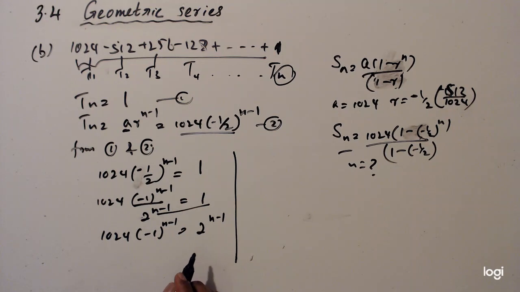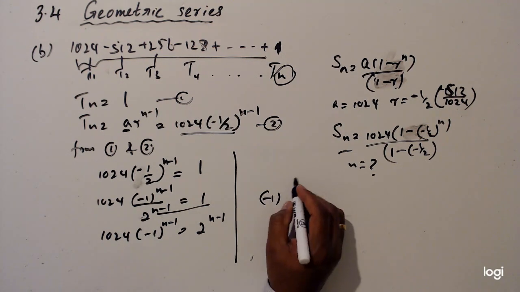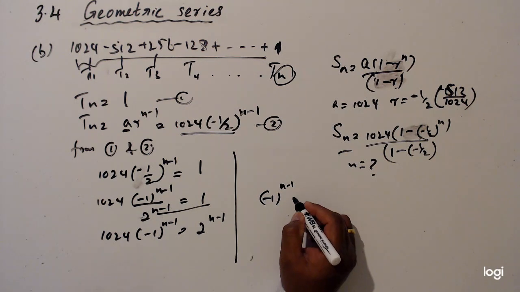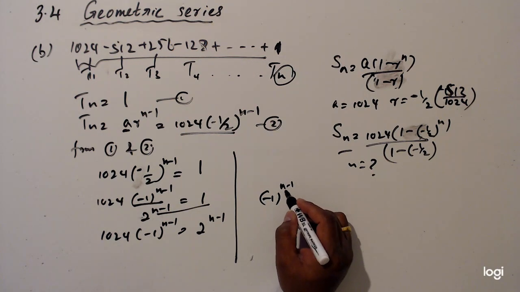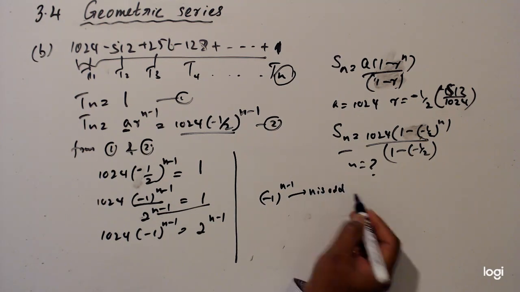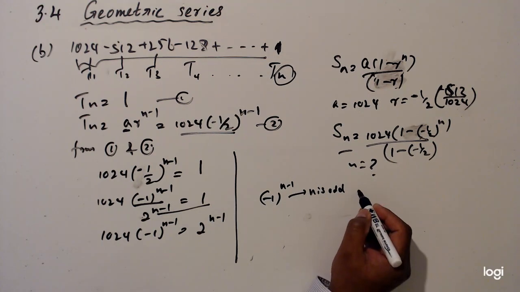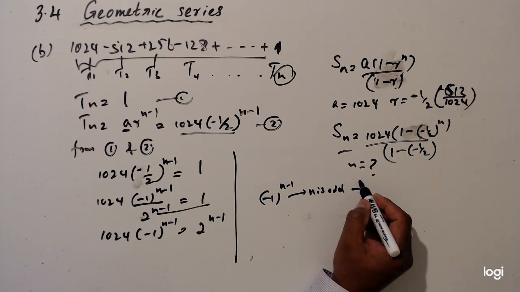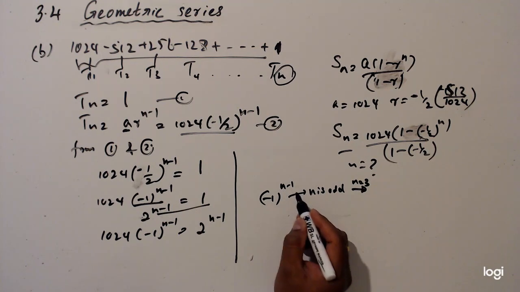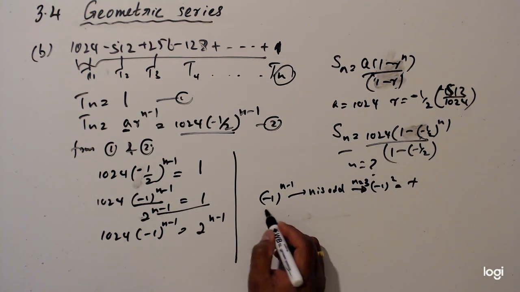Now what do you think about (minus 1)^(n minus 1)? If n is odd, let's say n equals 3, what do you get? 3 minus 1 is 2, minus 1 squared, that is a positive value.